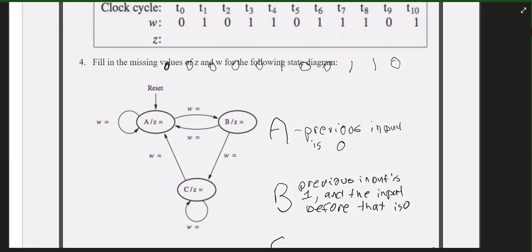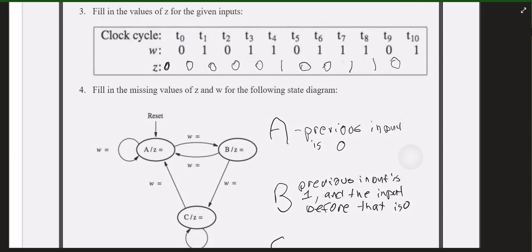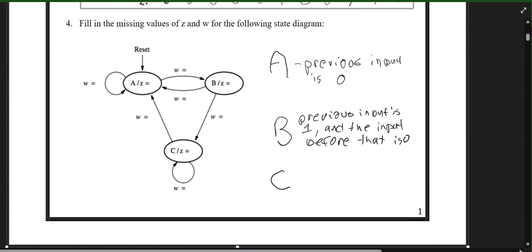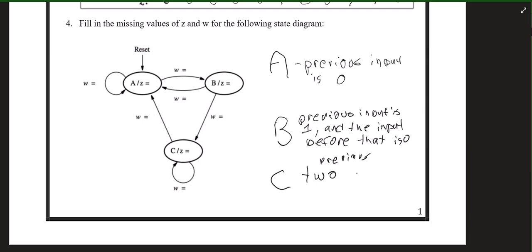So state C is previous 2 inputs are 1. Okay, so W is our output.